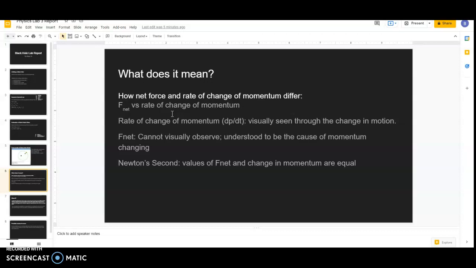However, net force cannot be visually observed and is instead understood to be the cause of momentum changing. According to Newton's second law, the values of Fnet and change in momentum are equal, however. So dp over dt can be used to solve for Fnet, such as what we did in this lab.